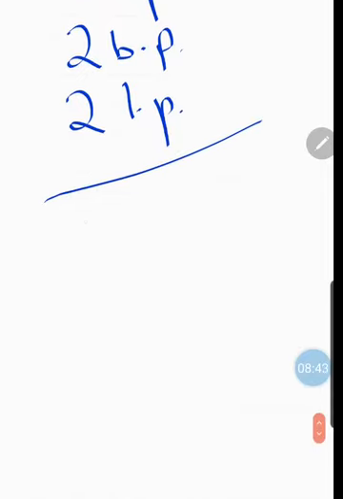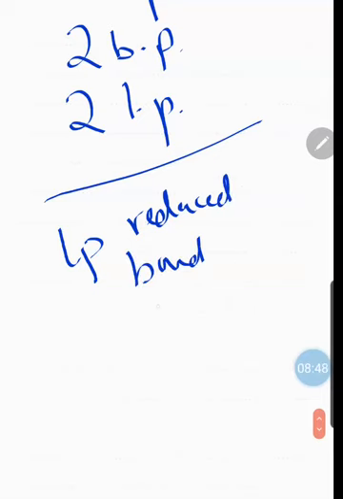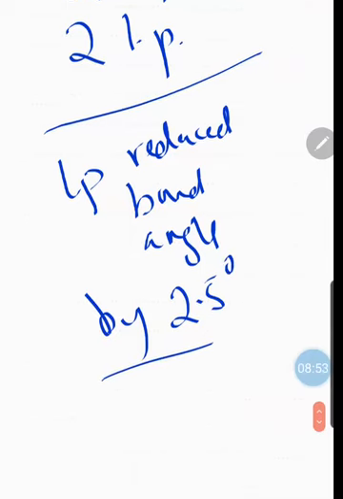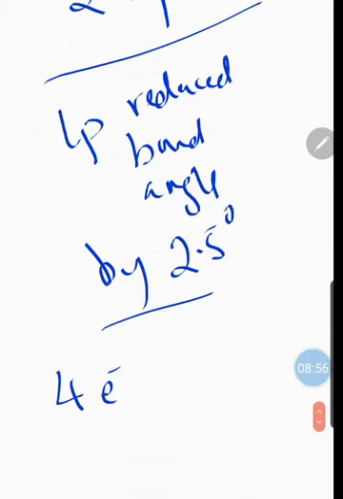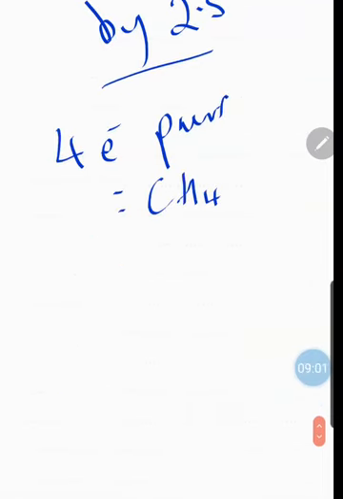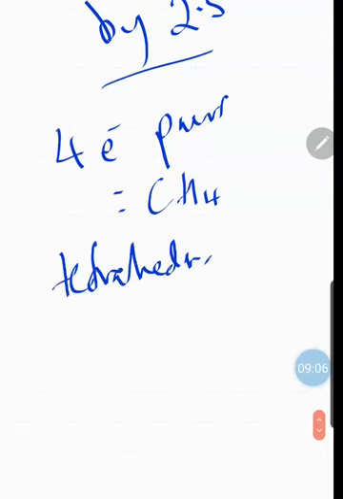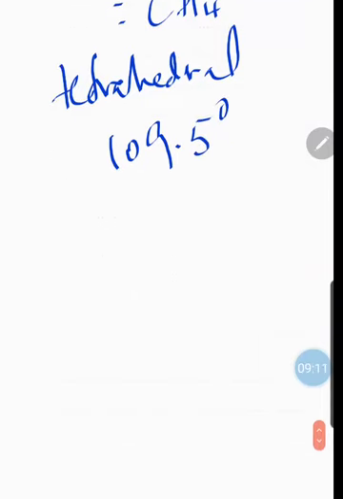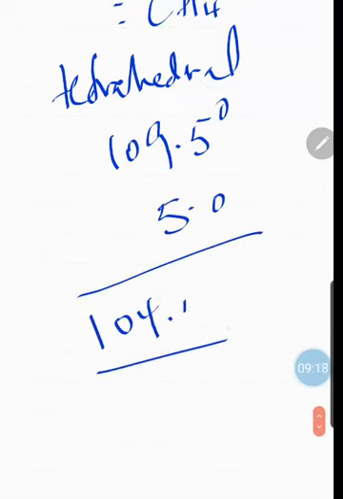The lone pairs reduce the bond angle by 2.5 degrees. 4 electron pairs is the same as methane. The only difference is methane is tetrahedral, so its bond angle is 109.5. Here we have 2 lone pairs. Each lone pair reduces by 2.5. That's 5 degrees in total. So the bond angle is 104.5 degrees.